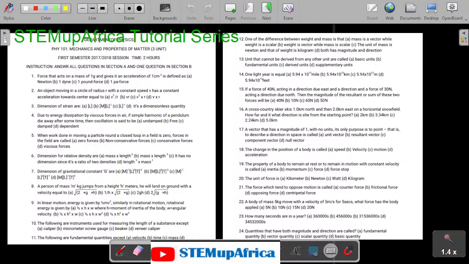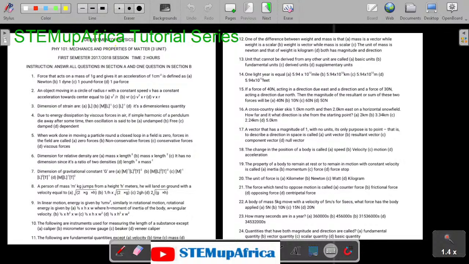We all know from Newton's second law of motion that force is ma, which is mass times acceleration. That is the formula for calculating force. But to understand this, you need to understand the basic concept of SI units.